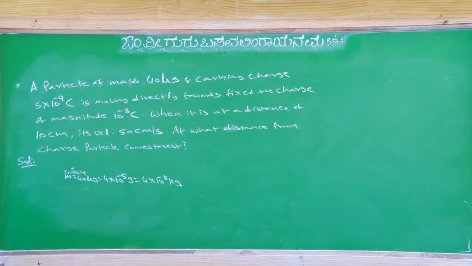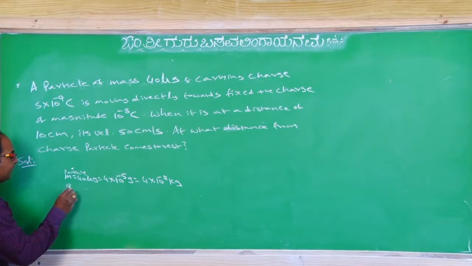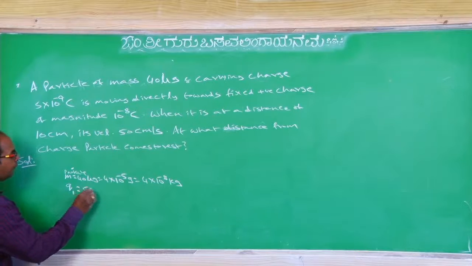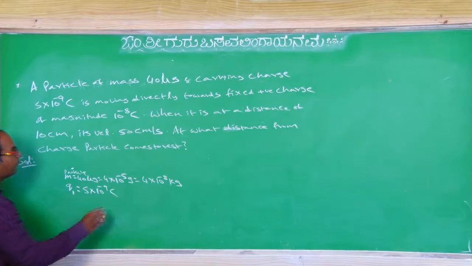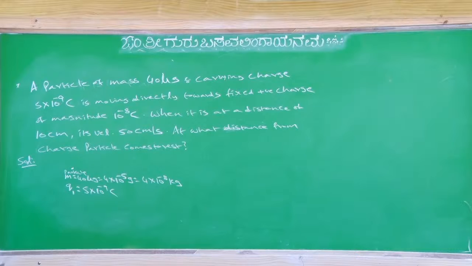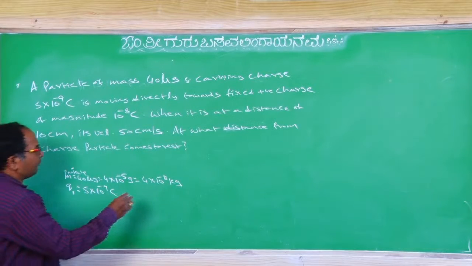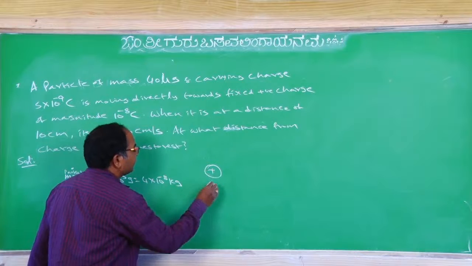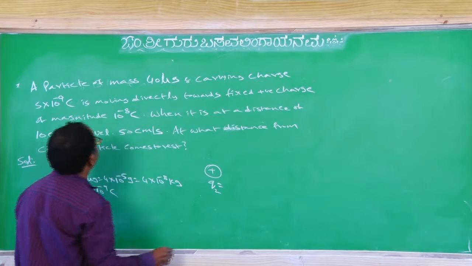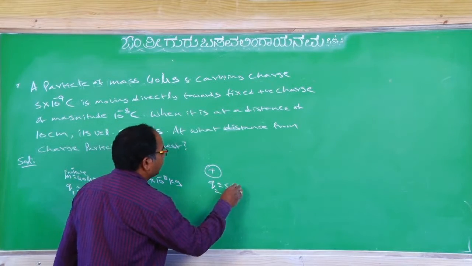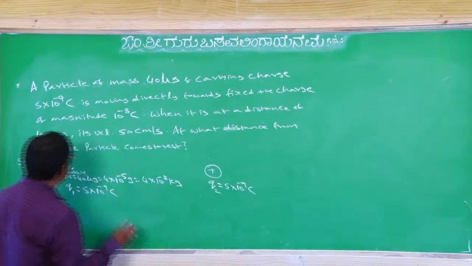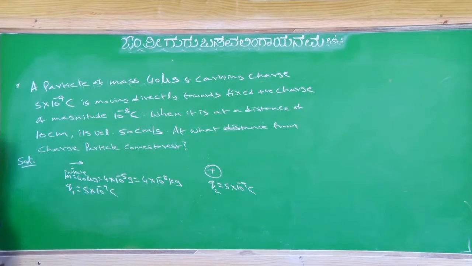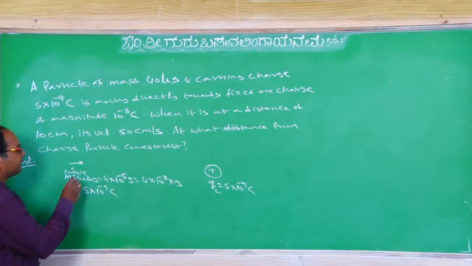Its charge, consider Q1, is 5 into 10 to the power of minus 9 coulomb. It is moving directly towards a positive charge Q2. So, when it is at a distance of 10 centimeter, its velocity is 50 centimeter per second.